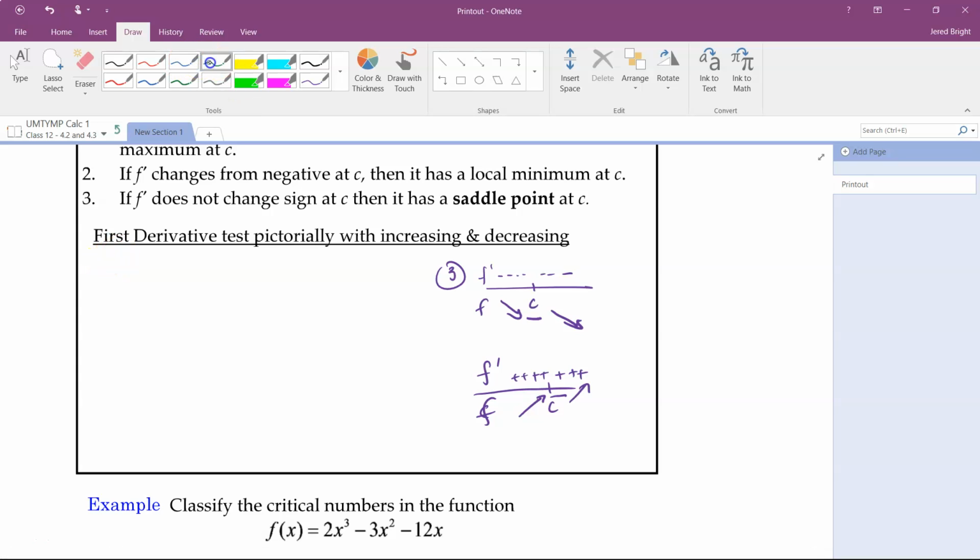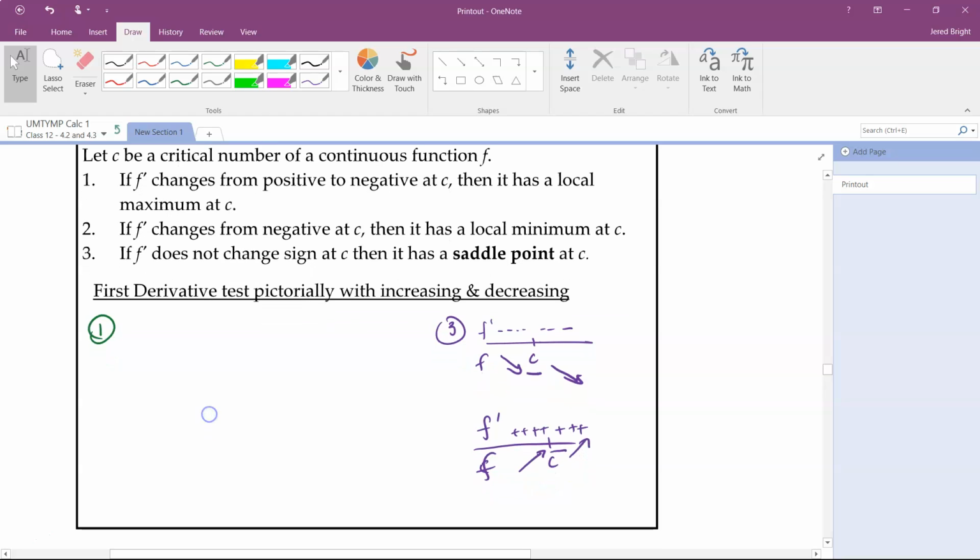But then just to recap the other pictures, for a maximum, what you're going to see in your sign chart at c is positive to negative, and so you very clearly get that hill going on. And then in the second case, for the minimum in your sign chart, you would have at c a negative to a positive.